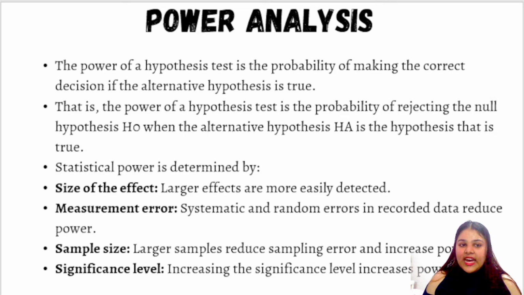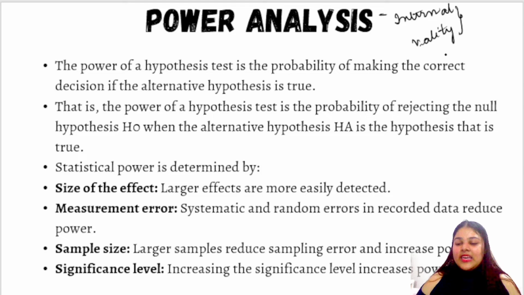In power analysis, we saw that the type 2 error is also known as the error of power. So in power analysis, I am establishing a power, and this is more related to the internal validity of our study: how rightly we have set up the procedure, whether my sample size is great, what my significance level is.